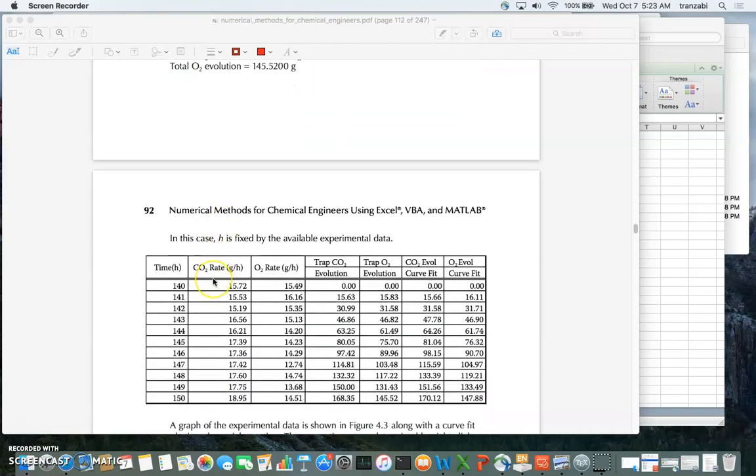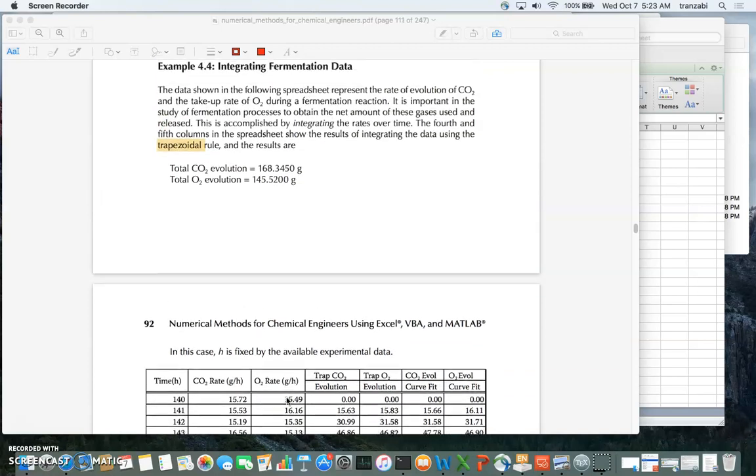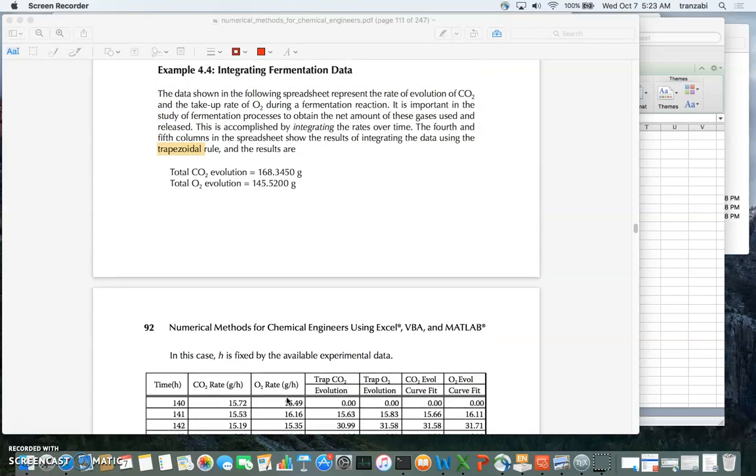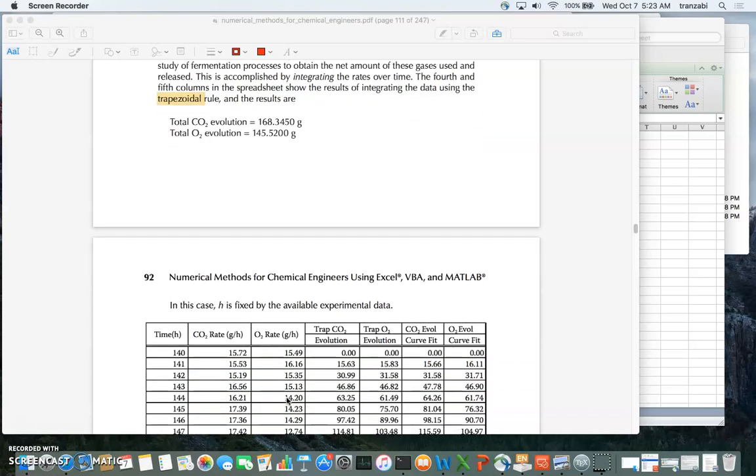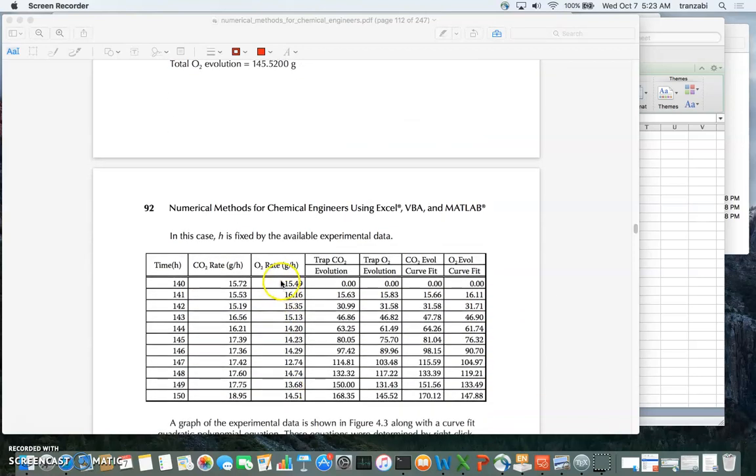So this is the rate of creation or generation of CO2 given in this column, and oxygen generation given in this column. Okay, so just to make sure, that is the rate of O2 absorption and CO2 generation.